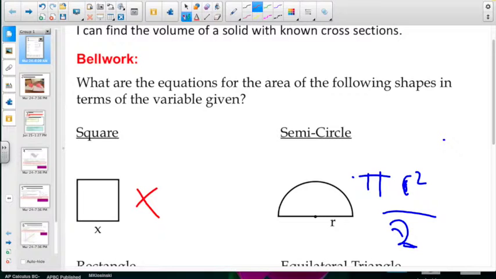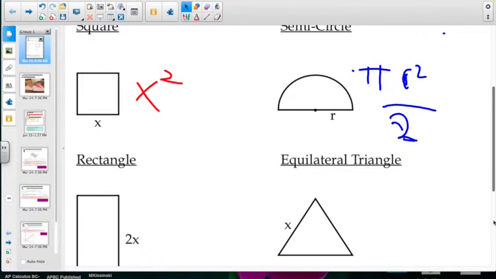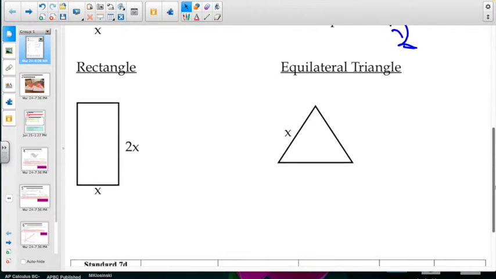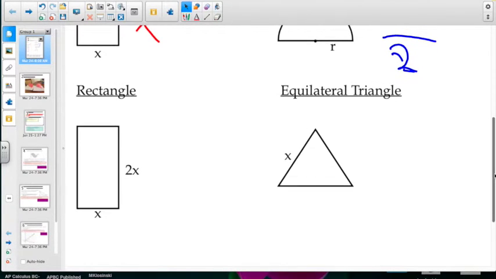Okay, we got the square, we got the semicircle. Anybody want to venture any of the other equations for me? We got the semicircle and the square. Anybody else got one for me?